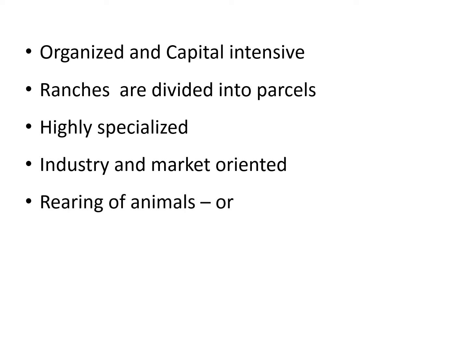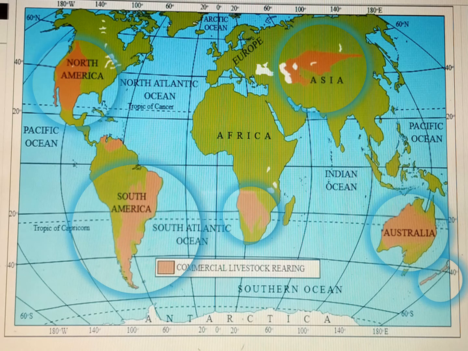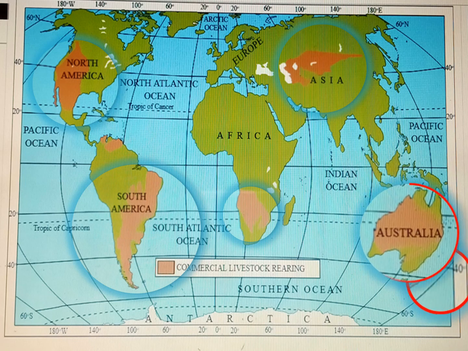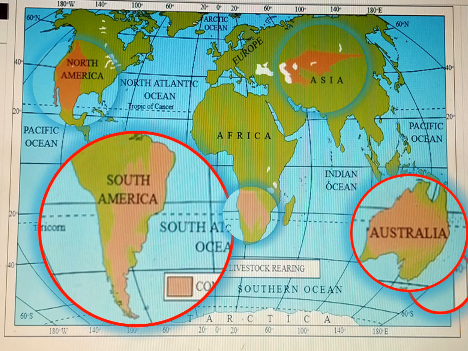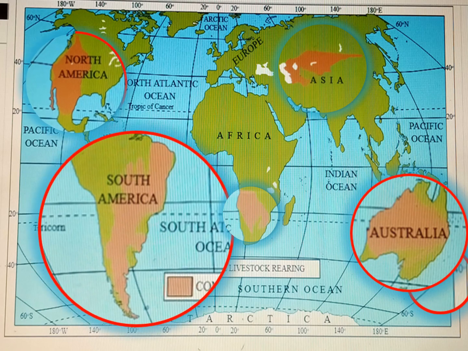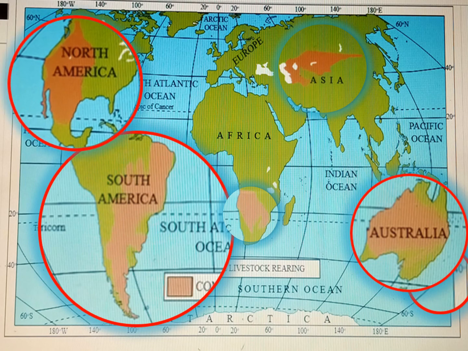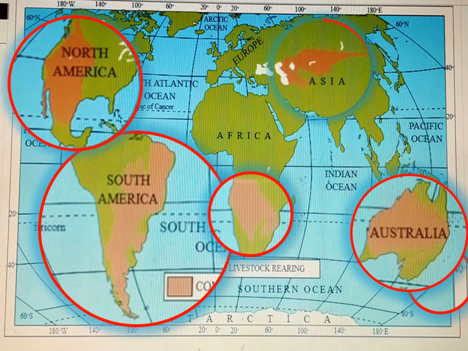Rearing is done scientifically in commercial livestock rearing, with special emphasis on breeding, genetic improvement, healthcare, etc. Commercial livestock rearing is practiced in New Zealand, Australia, South America, countries like Argentina and Uruguay, the United States of America, and some parts of Africa and Asia.